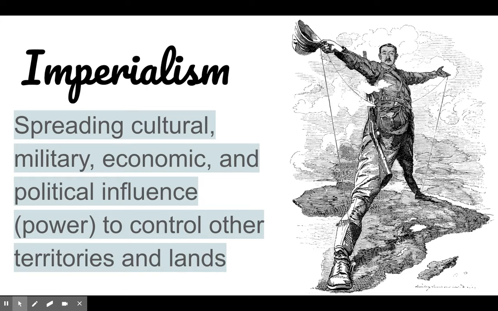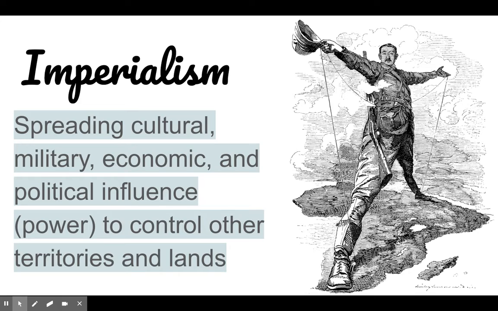That's going to look like our religion, how we view morals, like what's right and what's wrong, what's appropriate, what's not appropriate. That's all part of our culture. Even language is a part of our culture, and we're going to see that still has a big impact today. So with cultural, we want other places to think like we do.